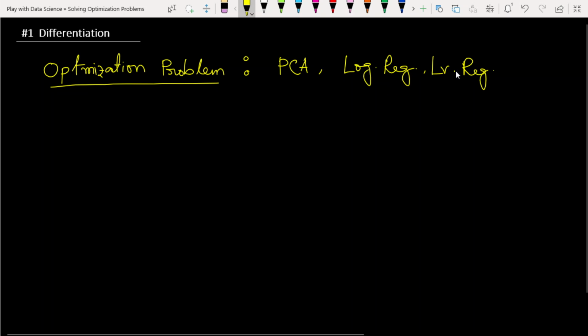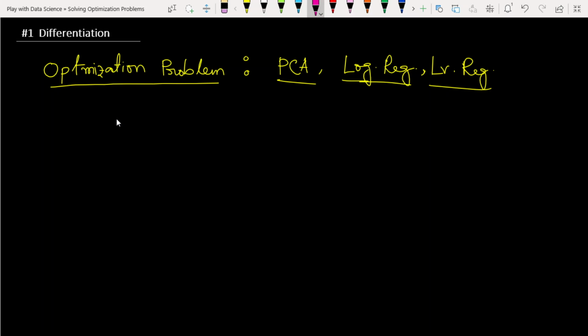Everywhere we have to solve an optimization problem. Now the main thing is how to solve this optimization problem. So this is the concept of differentiation.